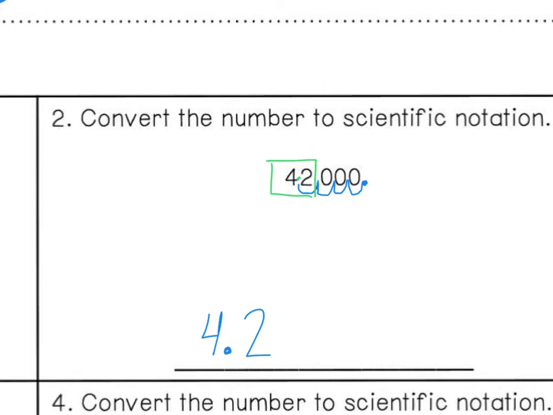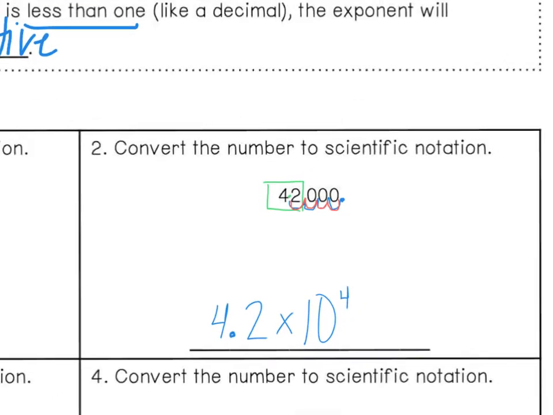And we moved it 1, 2, 3, 4 spaces. So times 10 to the 4th power. Both of these numbers have been larger than 1, so I know my exponent is going to be positive.